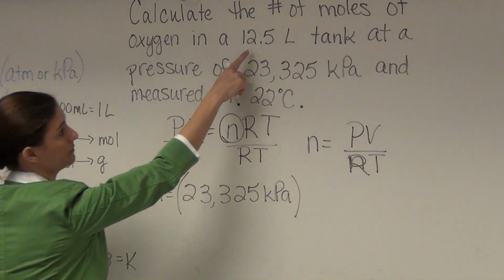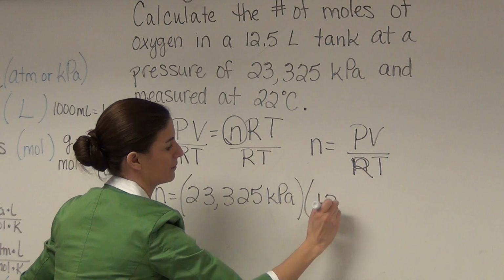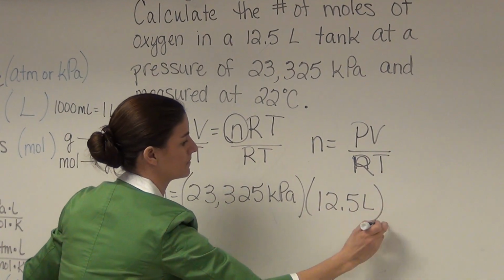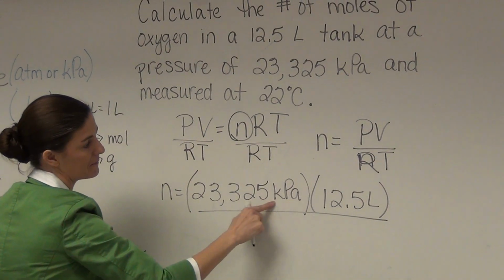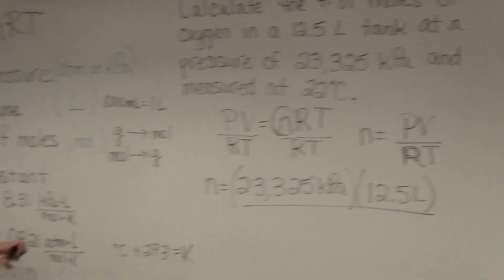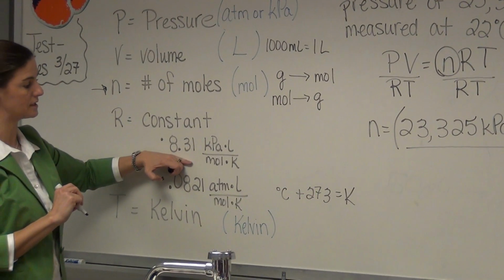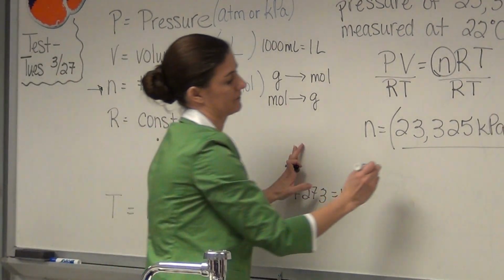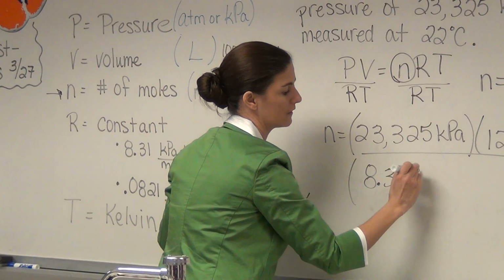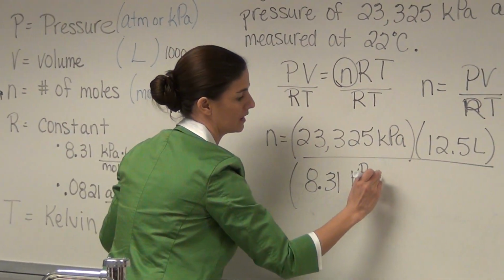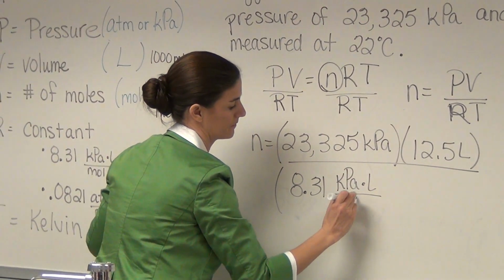We have a volume of 12.5 liters. For R, the fact that it's in kPa, we're going to go back to our constant, 8.31. I'm going to write all of the different units in here, and you'll see how they cancel out.